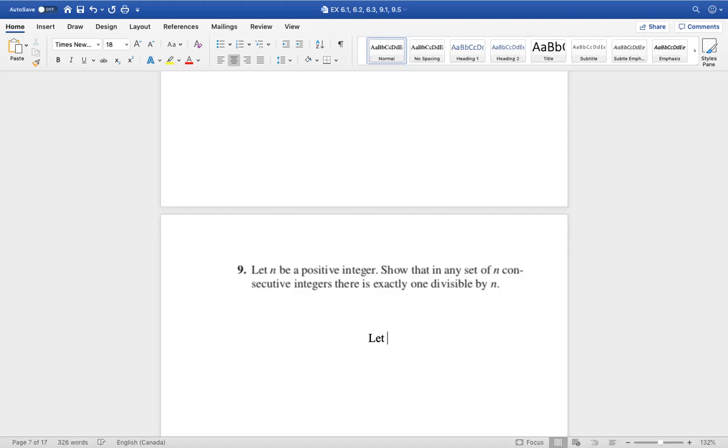Right. So for example, let's take a, a plus 1, a plus 2, and then the sequence goes on until a plus n minus 1. So these are the consecutive numbers. Now consider the integers (a plus i) mod n.